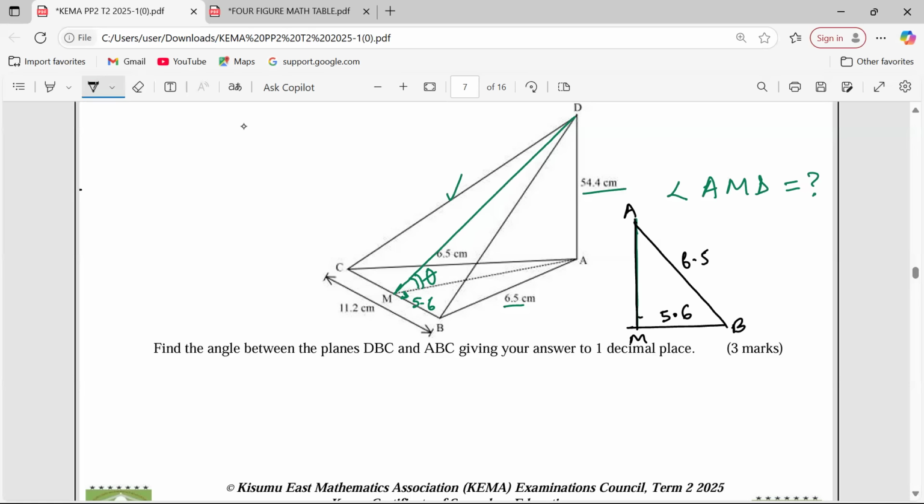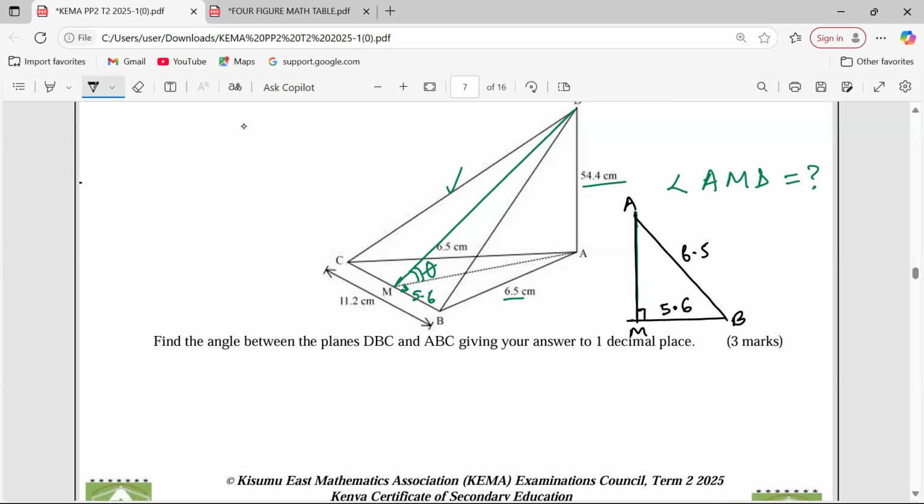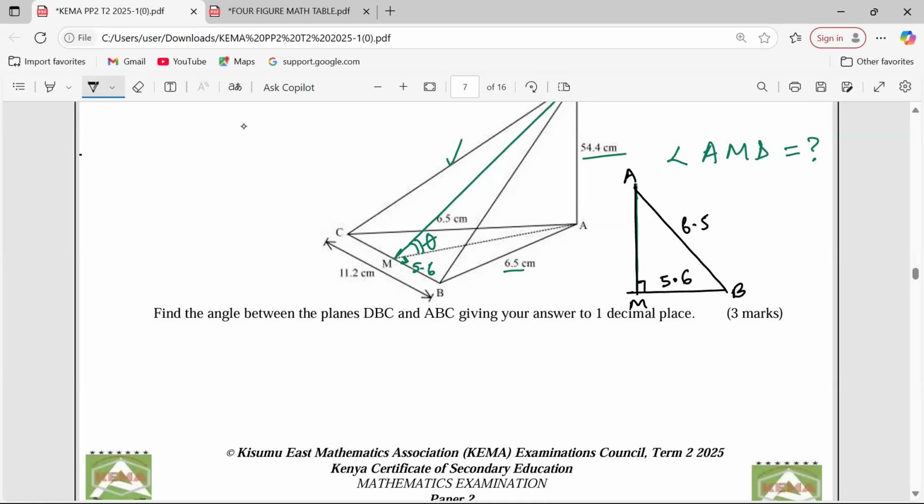So with this, and we said that from A to M, it was perpendicular, then we can use Pythagoras theorem to get the length AM. So the length AM will be given by, when we take 6.5 squared and we subtract 5.6 also squared, then we take the square root now.